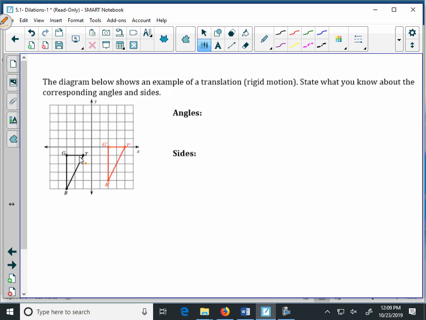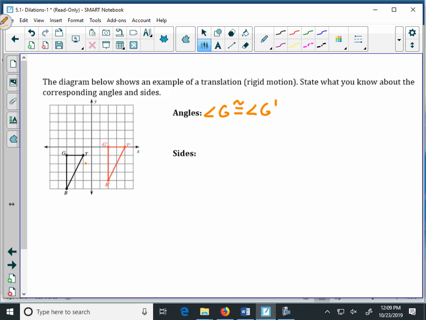State what we know about the corresponding angles and sides. Well, we know they're the same. We didn't change the size of the figure, we just slid it. So we know all the corresponding angles are the same. Angle G, what is angle G's corresponding angle? G prime. So angle G and angle G prime are the same.